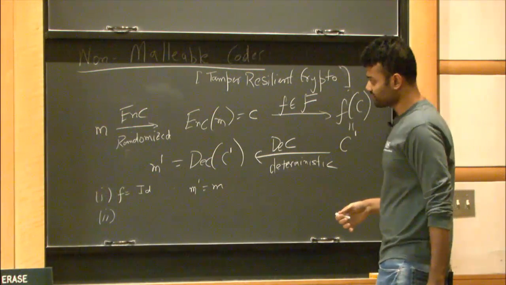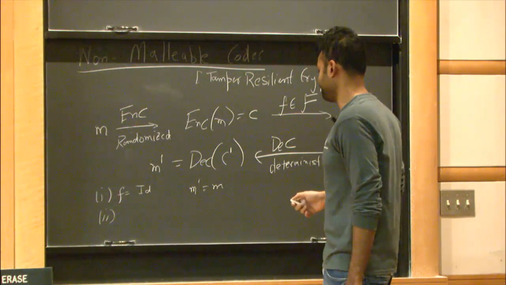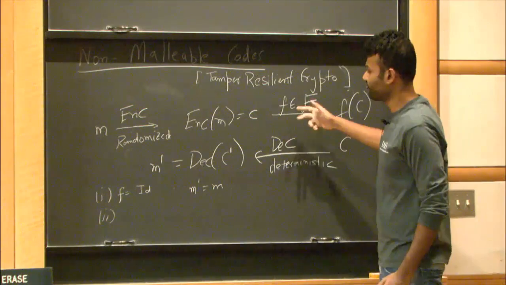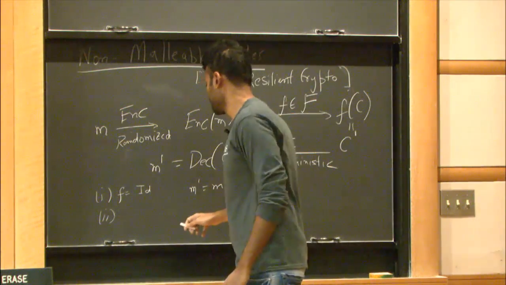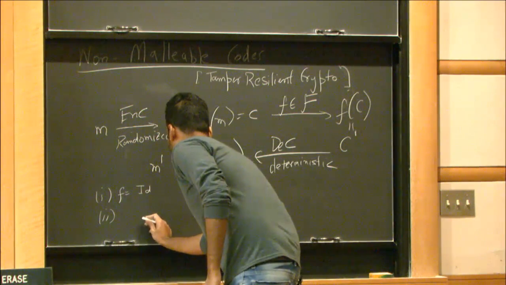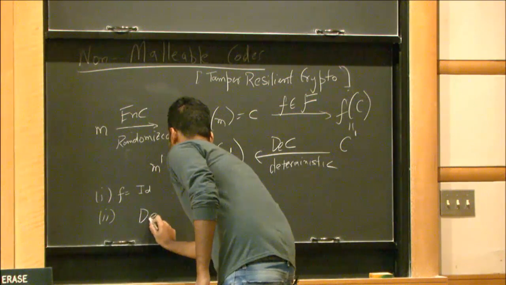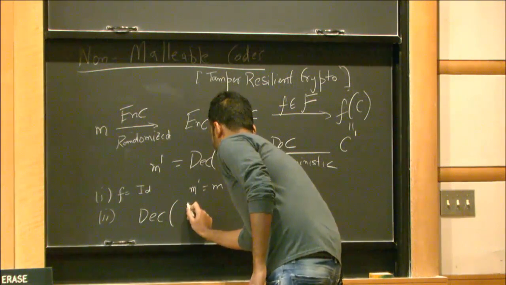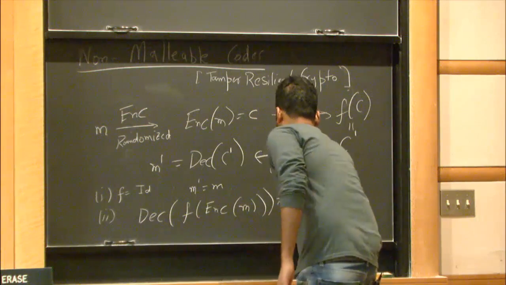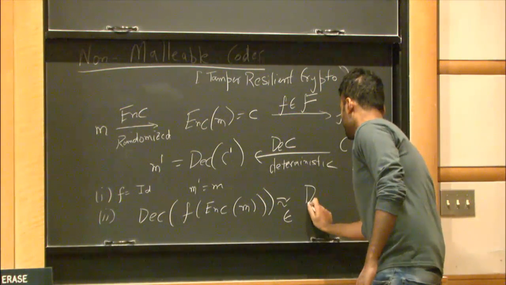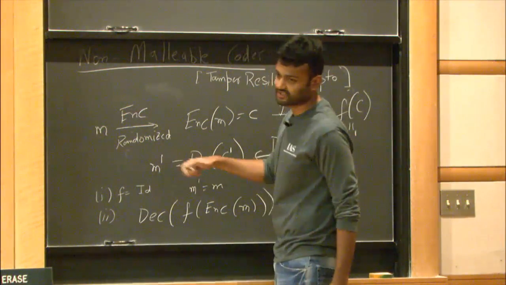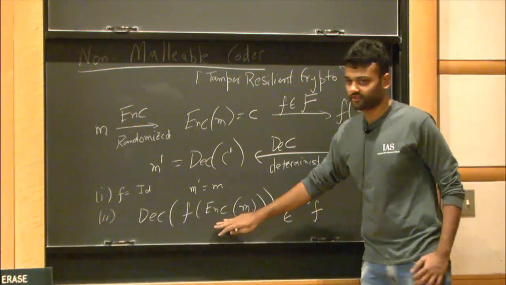So you'd want that, if f is not the identity, for example, let's look at the extreme case when f has no fixed points, then ideally you'd want either to get back the message, or, let's simplify and just say, that the decode of f of encode of the message should be, in statistical distance, close to some distribution df, which is independent of the message m or the randomness in the encoder.